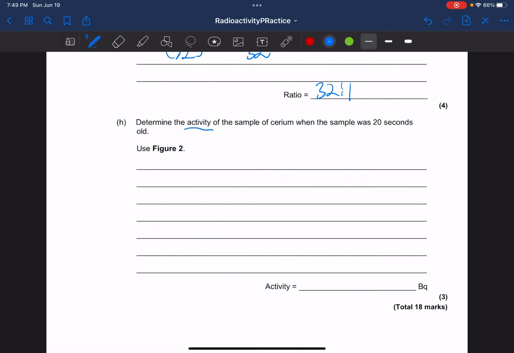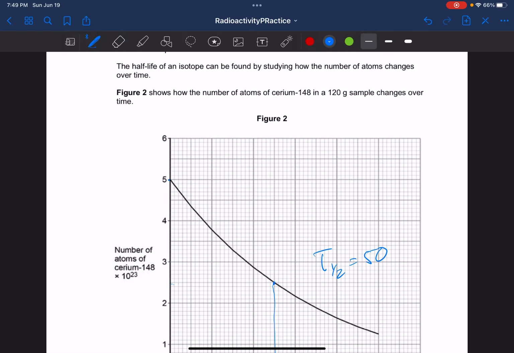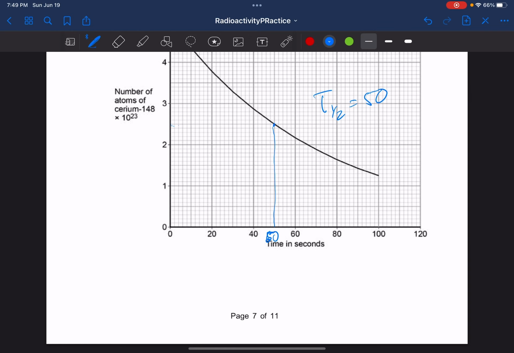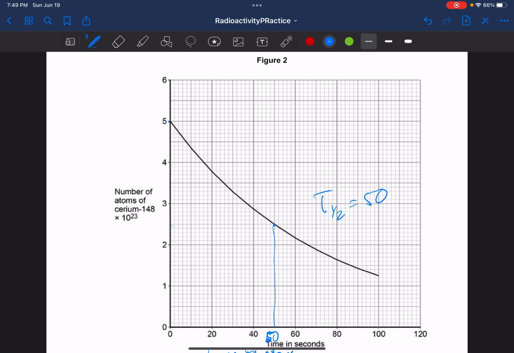So we have to look at what activity means. Activity is the change in atoms divided by the change in time. And for that, you have to be able to take a gradient. But this is a curve and doesn't have a single gradient.